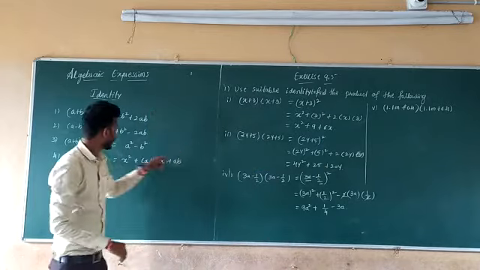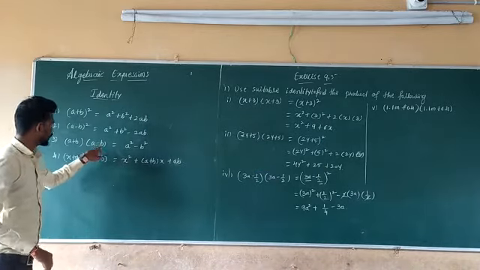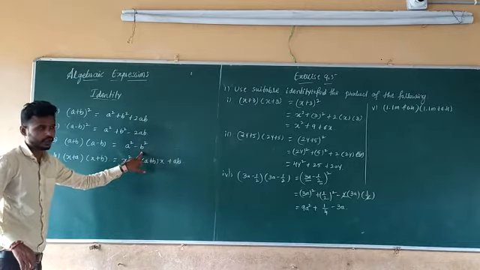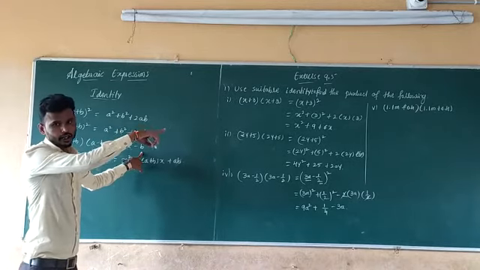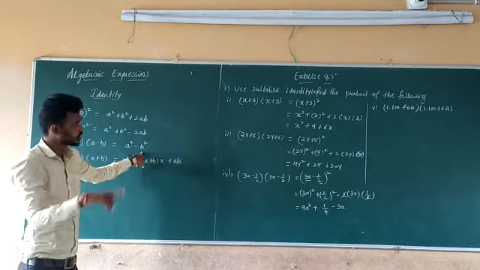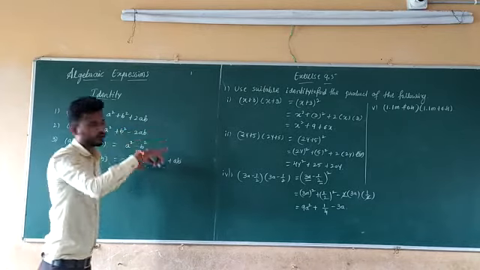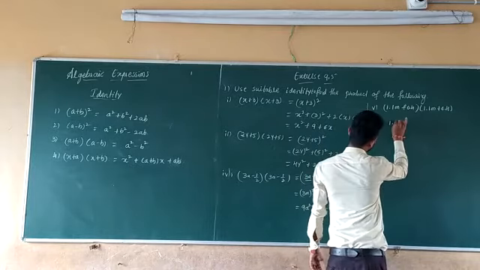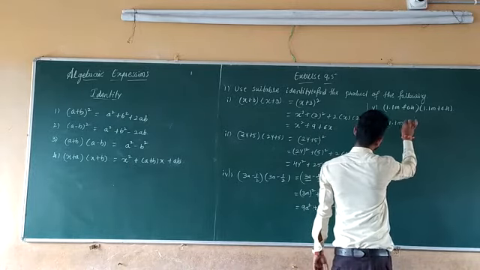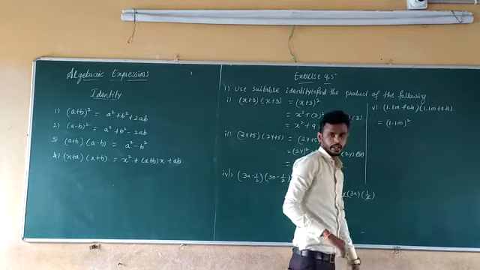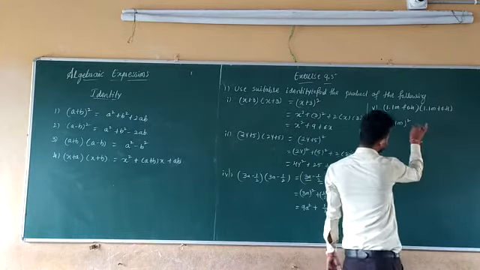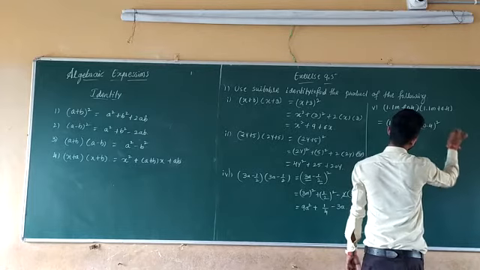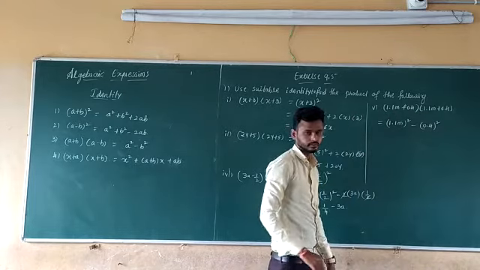That is the identity third one, (a plus b) into (a minus b). That means what can we write that? a square minus b square. A means 1.1 into m. B means only 0.4. So a square means (1.1m) square minus b square means (0.4) square.